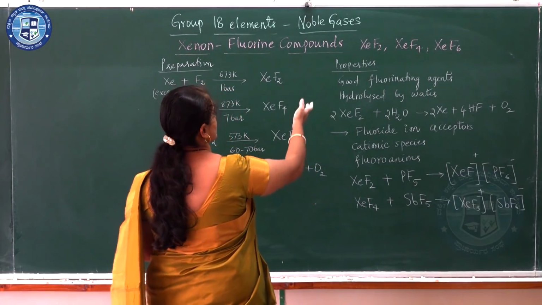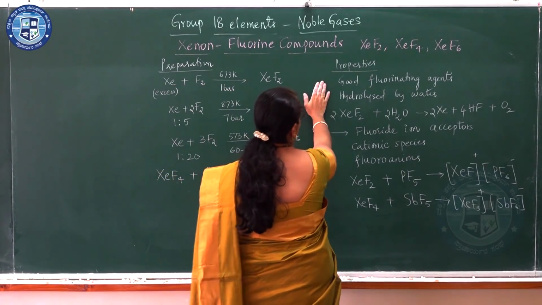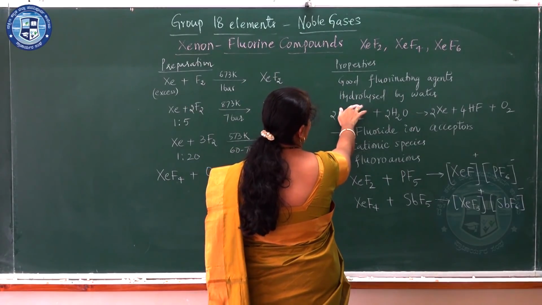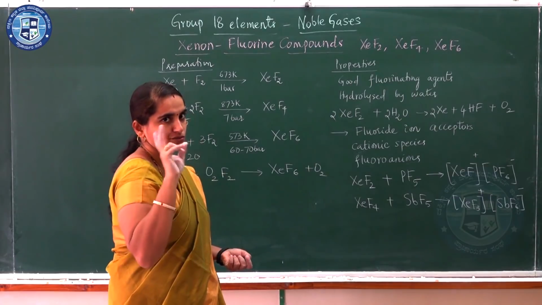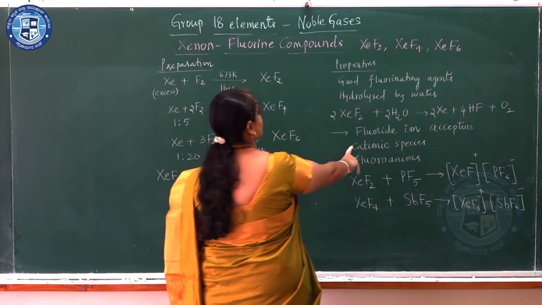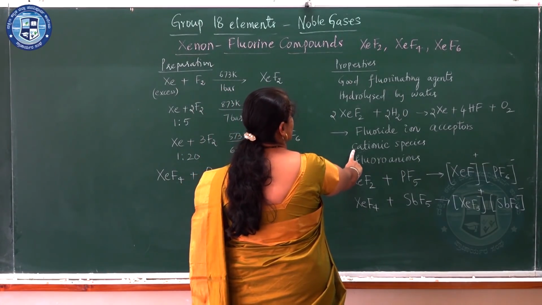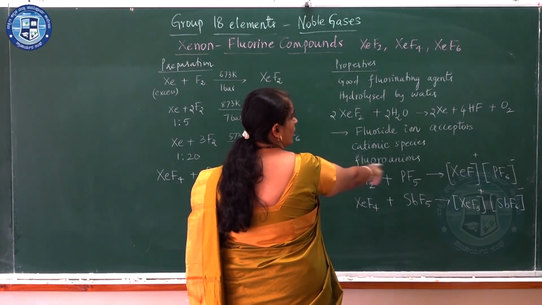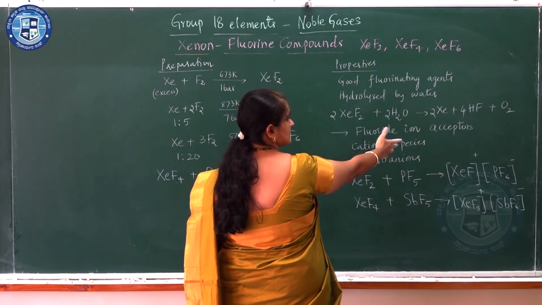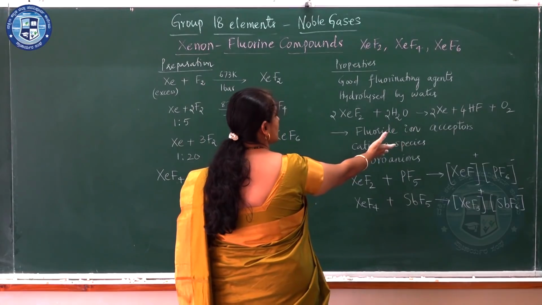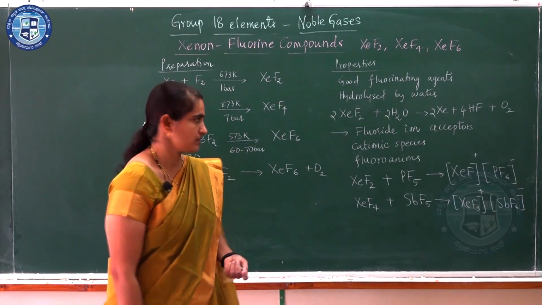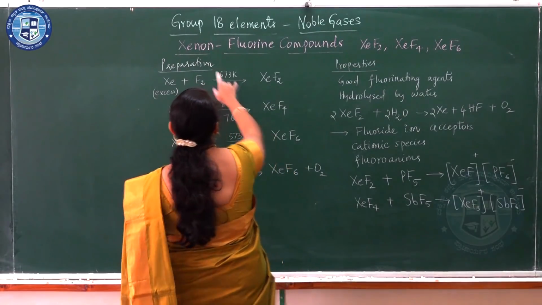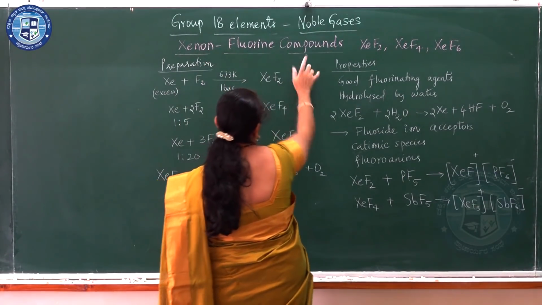As I have told, they act as good fluorinating agents, they are easily hydrolyzed by water, and they react with fluoride ion acceptors to form 2 sorts of ions: the xenon-containing species gets converted to cationic species, while the fluoride ion donors get converted to fluoro anions. So, this is regarding xenon fluorine compounds.